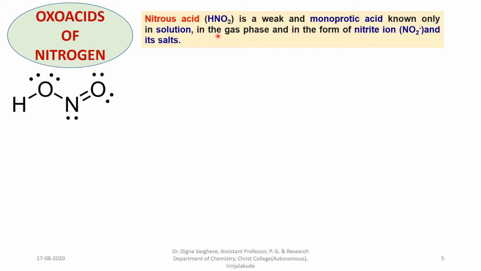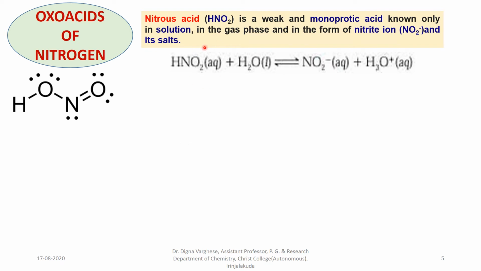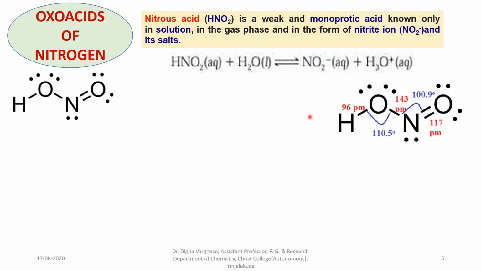It is ionized in water, giving nitrite as its salt and one proton, so it acts as a monobasic acid, and its structure is shown here.